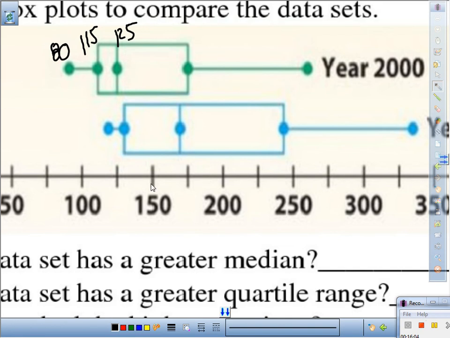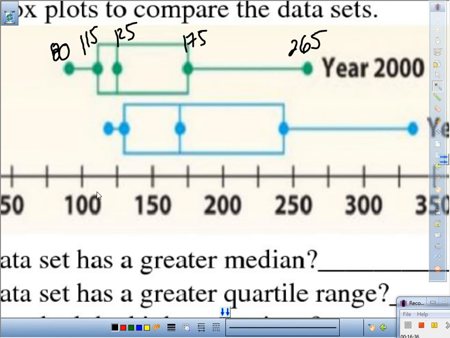This is 150. This is 200, so halfway there is 175. And our maximum, this is 250. This is 275, so I'm thinking about what? 265. All right, so now that we're done with that data, I go to the next one.